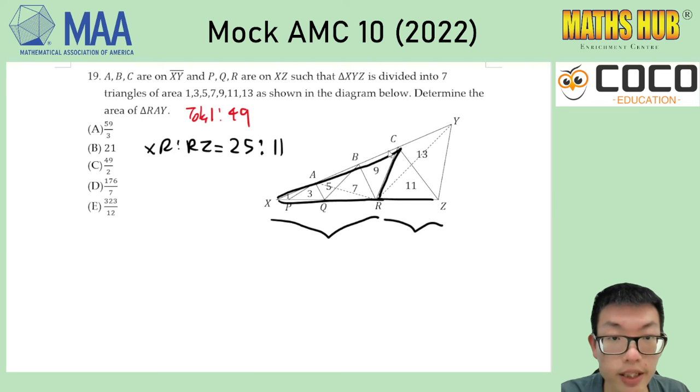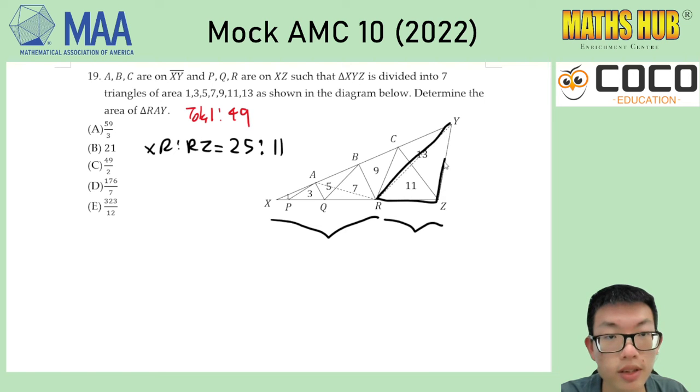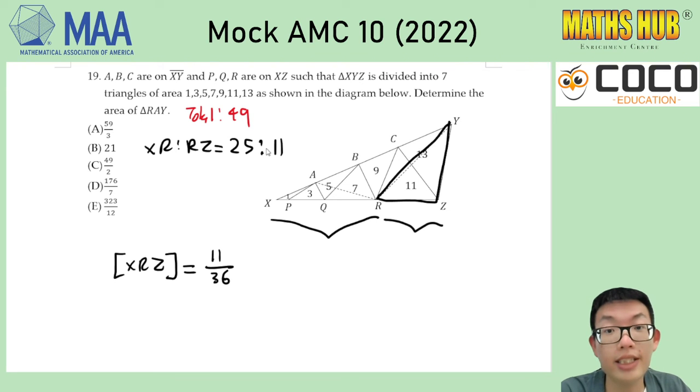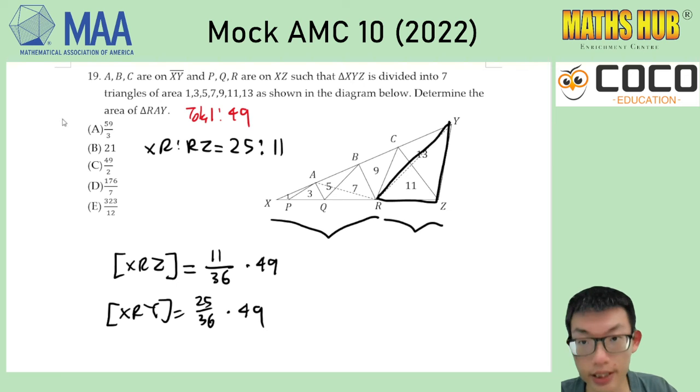So straight away, if that's 25:11, if I were to look at this portion over here, XRZ is equal to 11 over 36 of the whole thing. And I guess I can just get XRY as 25 over 36 first. Okay, so that's the first thing.